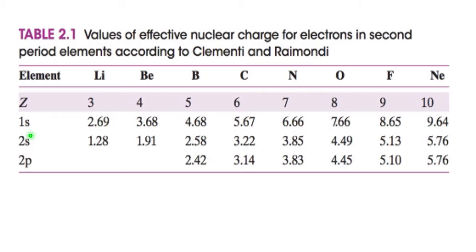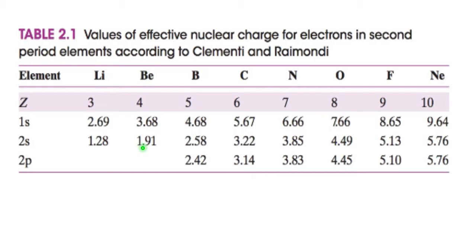Now, 2s and 2p electrons are shielded by 1s, so the effective charge is close to number of protons minus 2. It's not exactly that number. So the effective charge for 2s electrons in lithium is 1.3, around that value, instead of 3.